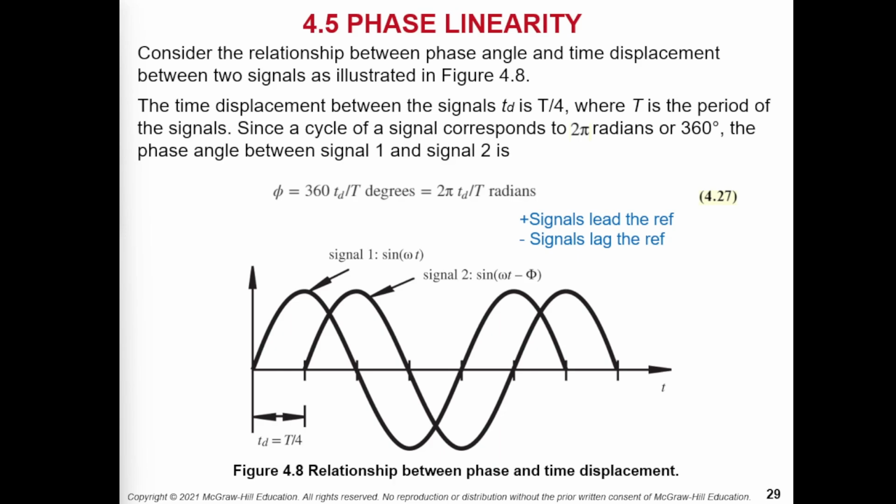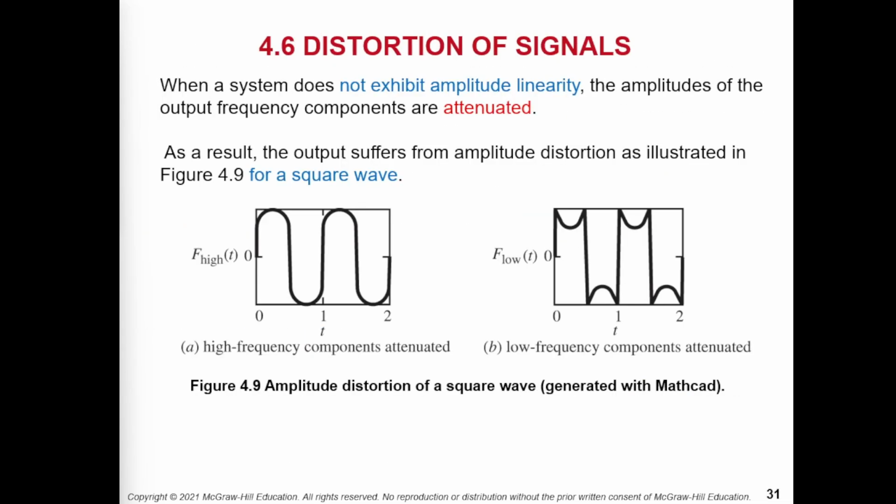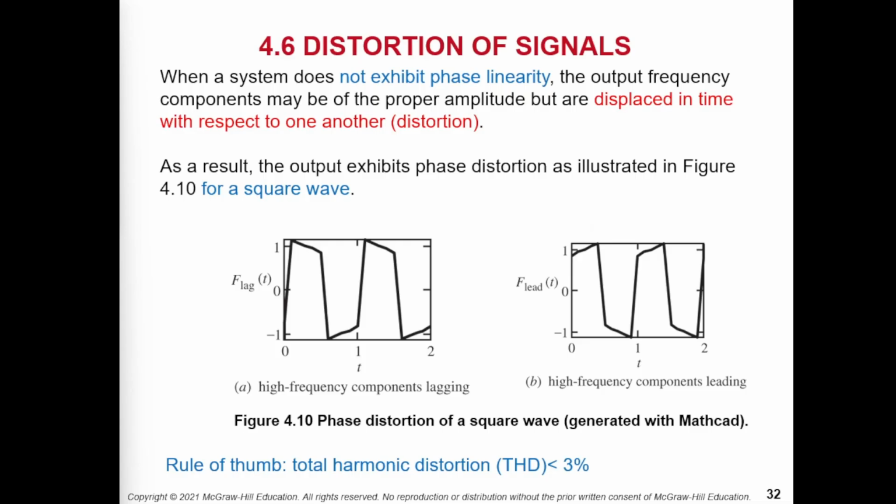Signal two moves to the right side with respect to signal one. So that means the high frequency component is lagging. Why the high frequency? Because it only occurs at a corner. When the signal only changes at a corner, something in high frequency has been changed. What kind of change? It changed in the phase, because it moved to the right side.